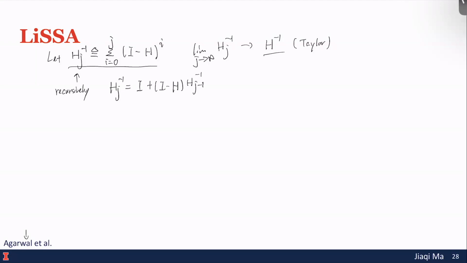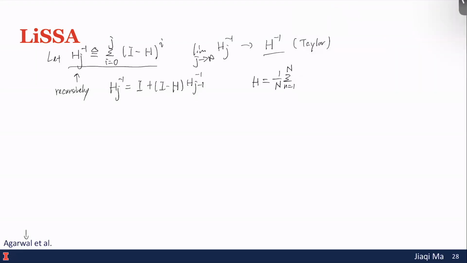While this by itself doesn't solve the problem of large N, recall H is 1/n times the summation from 1 to capital N of the per-example Hessians, when we take the weights W to be all 1.